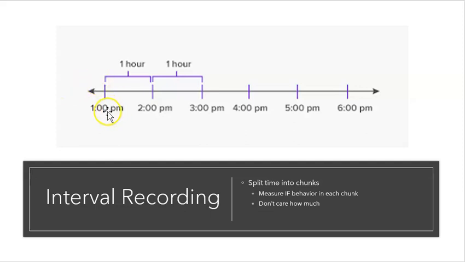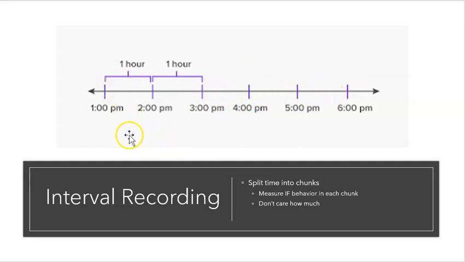So for instance, here we have between 1 p.m. and 6 p.m., we're seeing, does a behavior occur? But instead of just doing one time, we're going to look at it in 1 hour chunks. So between 1 o'clock and 2 o'clock, did the behavior occur? Yes or no? Between 2 o'clock and 3 o'clock, did the behavior occur? 3 and 4, did it occur? And that kind of thing.